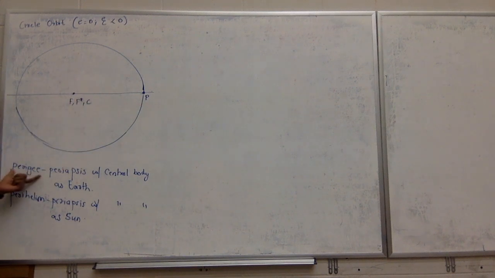Okay, these are specific. Anytime you hear some news from NASA, they are not going to use periapsis. They always talk in terms of perigee because they are always talking in terms of Earth orbitals.